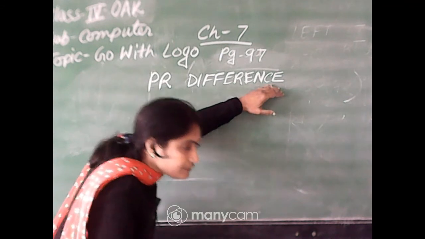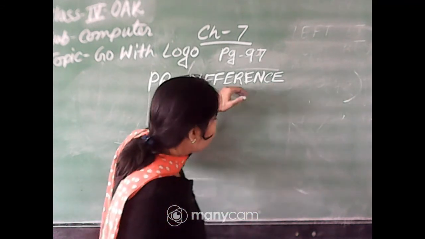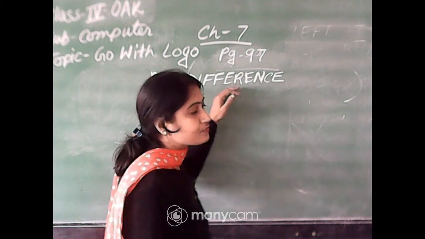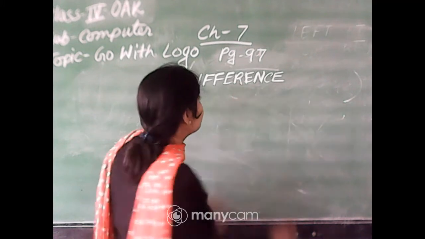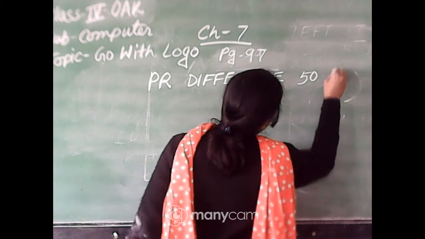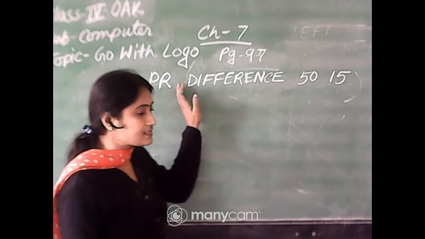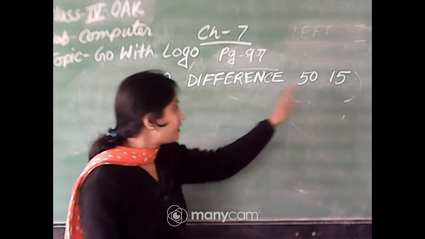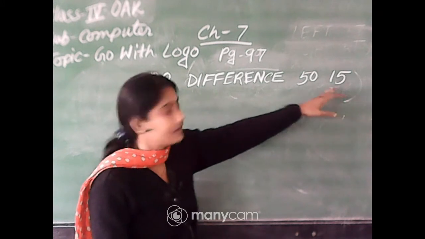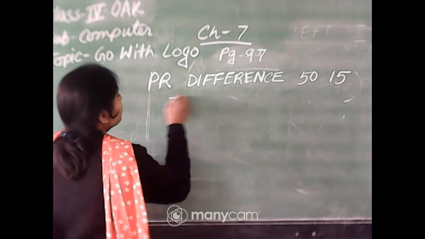Difference. This function, yes, Deboshmi, very good. The difference function we use to subtract. We use it for subtraction. Difference, and then suppose you want to subtract 50 and 15. Then first PR, space, difference function, again space, first number and the second number. 50 minus 15 is 35.